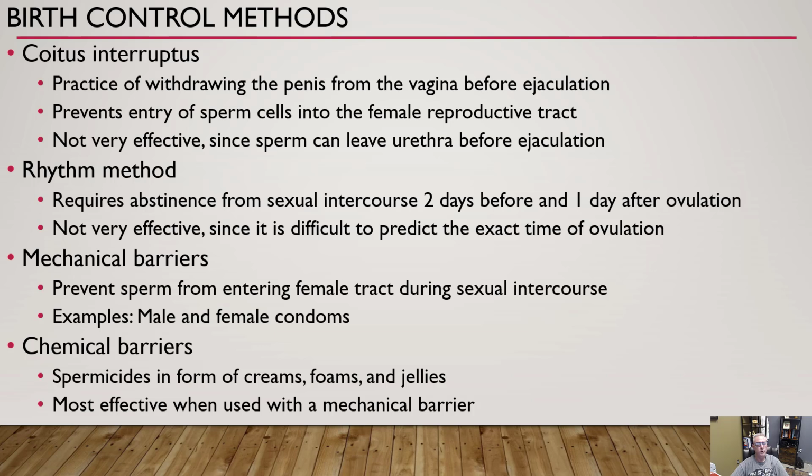So there's coitus interruptus, which, for lack of a more common term, is the pull-out method. It's the practice of withdrawing the penis before ejaculation. The theory behind it is that it prevents the entry of sperm into the female reproductive tract.